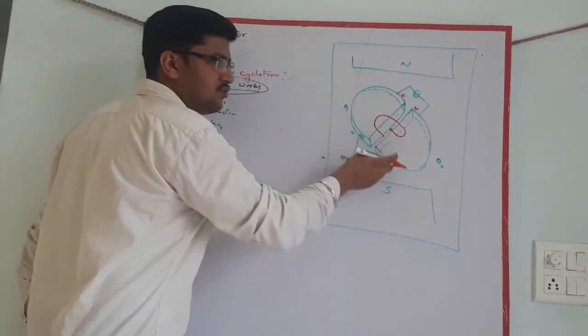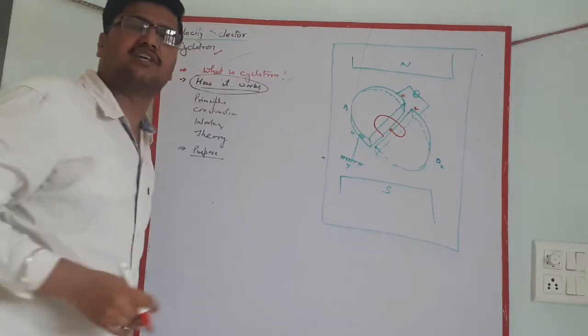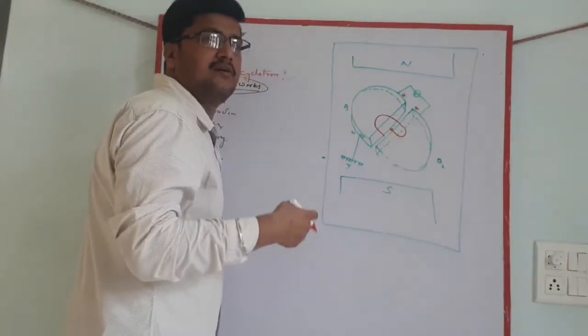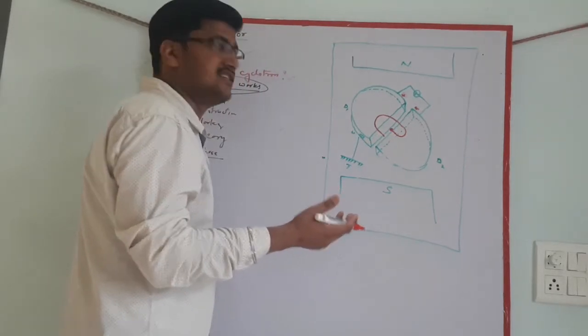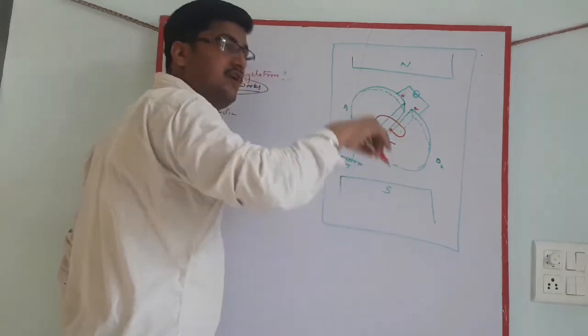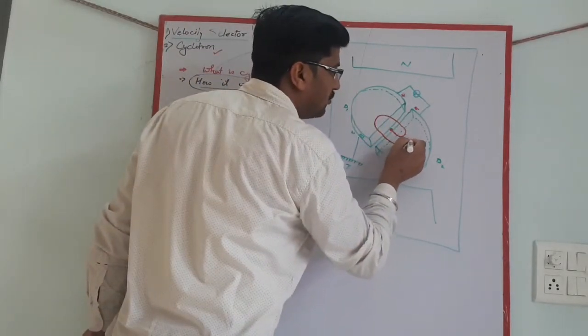D1 becomes positive, D2 becomes negative, it again gets an additional push and pull, its velocity increases and hence it enters D2 with a higher velocity as compared to D1.